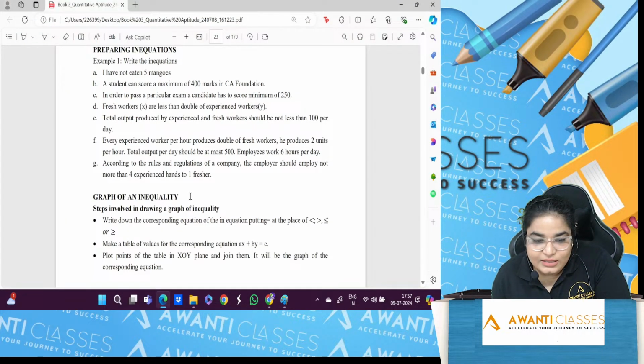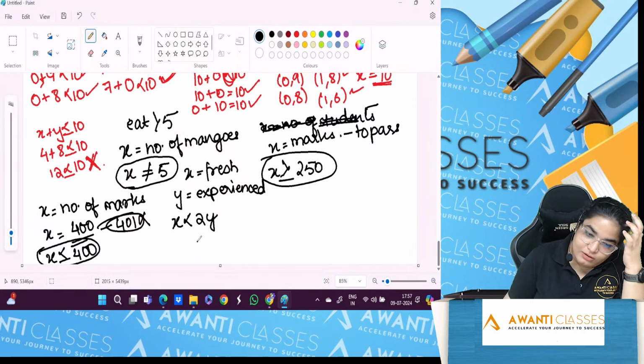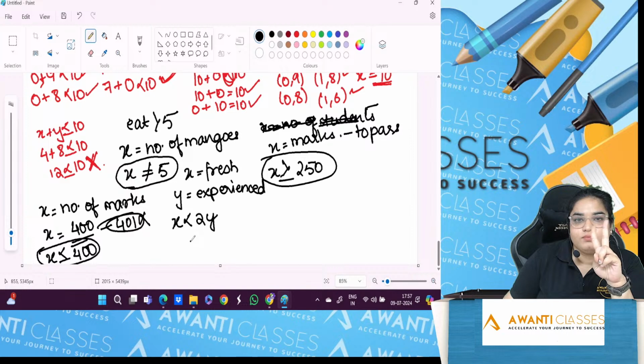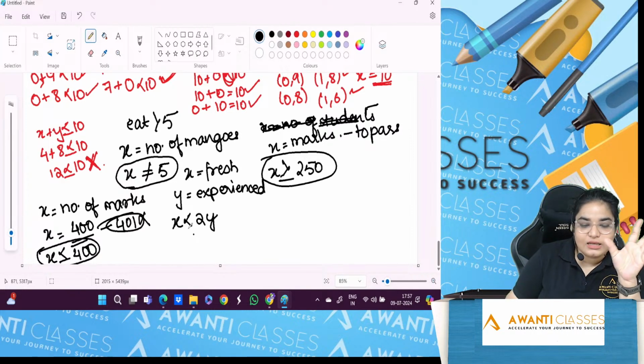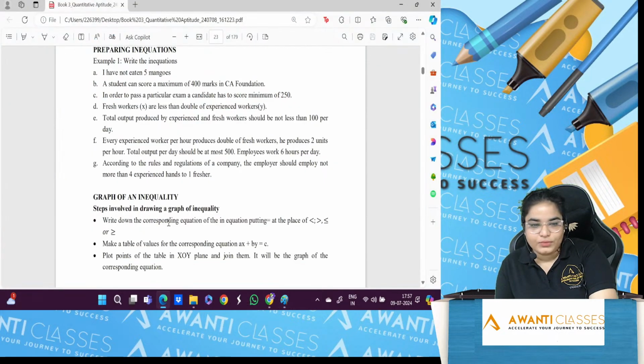What did they say? They say fresh are less than double. So, x is less than double of y. So, x is less than 2y. Why 2y? They said double. Fresh workers are less than double of experienced workers. So, the inequality is x is less than 2y.